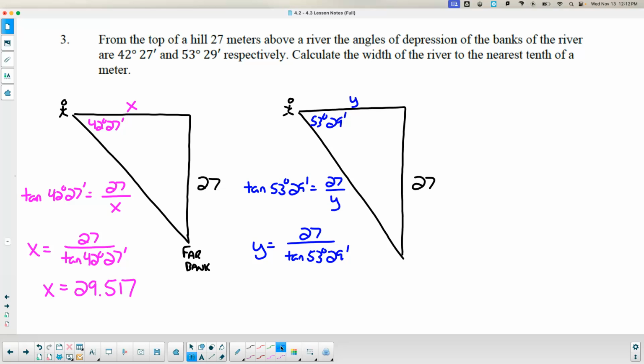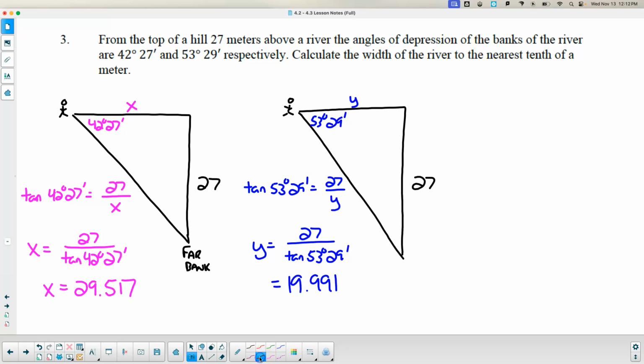So 27 divided by the tangent of 53 degrees, 29 minutes is 19.991.